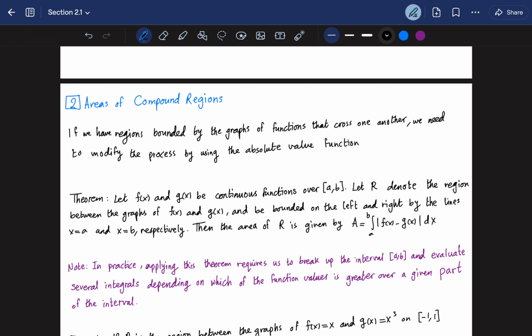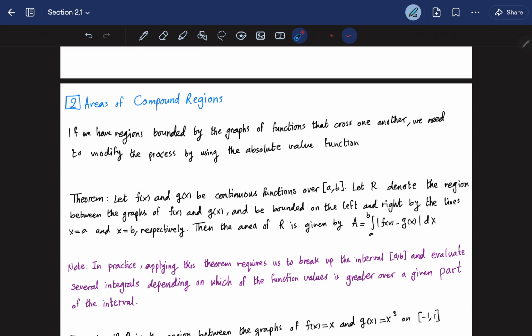So again, if I have f and g to be continuous on a certain interval a, b, but here we don't have restriction where f is bigger than g over the whole interval. And similarly, we have R to be bounded by the graphs f and g and the lines a and b. The region is the same exact thing, but I need to take an absolute value.